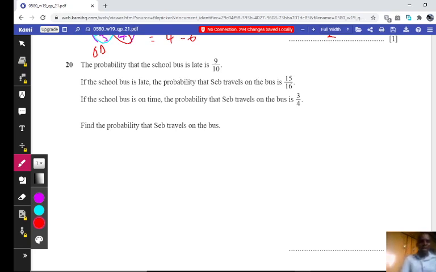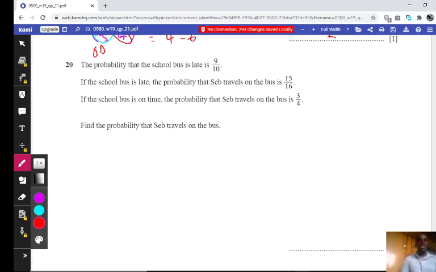If the school bus is late, the probability that Seb travels on the bus is 15 over 16, which means not on the bus is 1 over 16. Take note of that. Then if the school bus is on time, the probability that Seb travels on the bus is 3 over 4, which means not is 1 over 4.